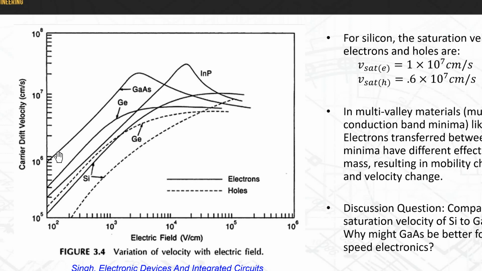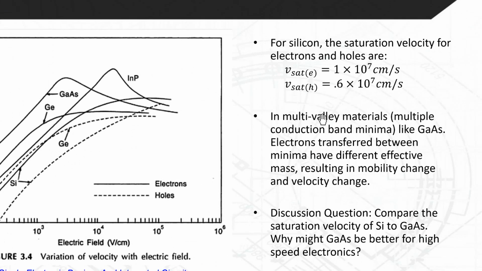So that's pretty strange behavior. It increases and peaks around 10 to the 3rd, and then decreases at higher electric fields. That has to do with this electron transfer between the different band minima. That changes the effective mass of the electron. Effective mass reduces the mobility, and that's why you see a decrease in the velocity.